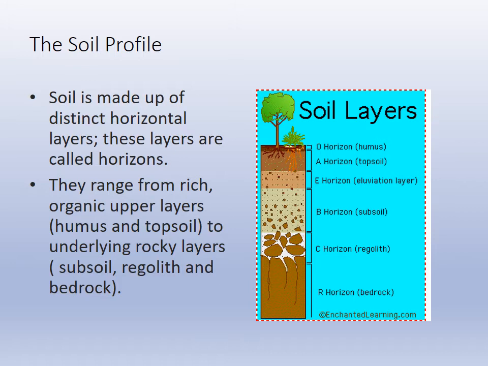So you get rockier and rockier as you go deeper, and you find less biological influence as you go deeper as well. Arctic soils tend to be really thin, so they're missing some of the horizons. Desert soils are a little different as well. This is just the general categorization of soil layers.